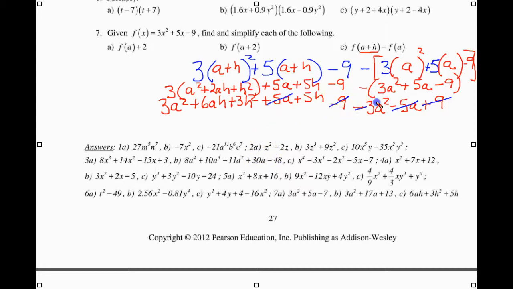This negative 3a squared and this 3a squared disappears. So what I'm left with is 6ah plus 3h squared plus 5h. And lo and behold, that's what I have for an answer.